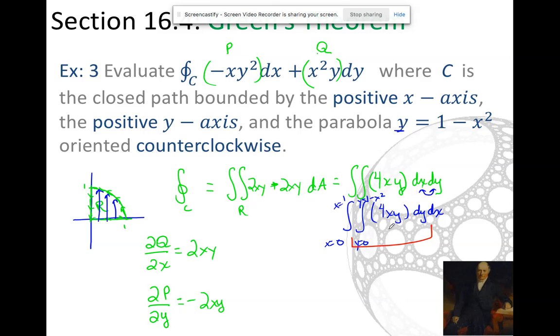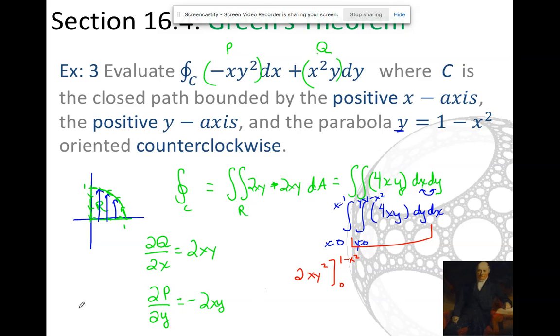So I'm going to get y squared over 2, which is going to leave me with 2x y squared, evaluated at 0 and 1 minus x squared. So of course, if I put in 0 for y, that part's going to go away.